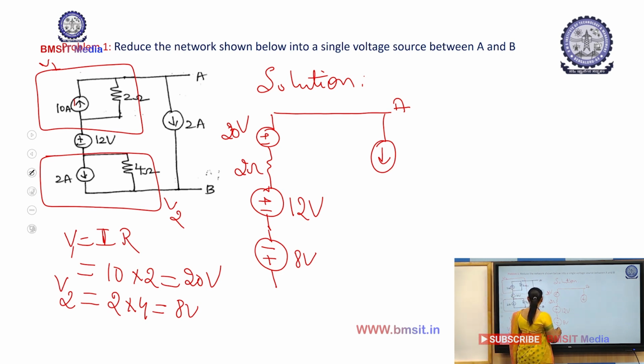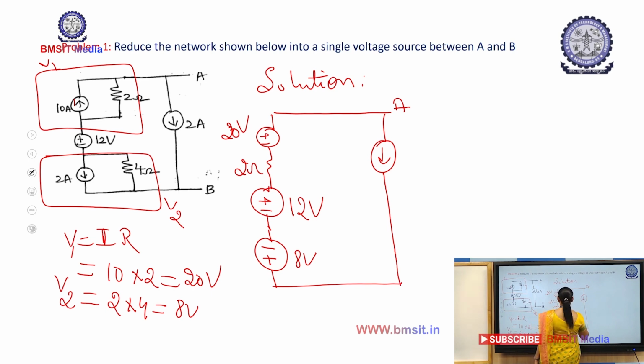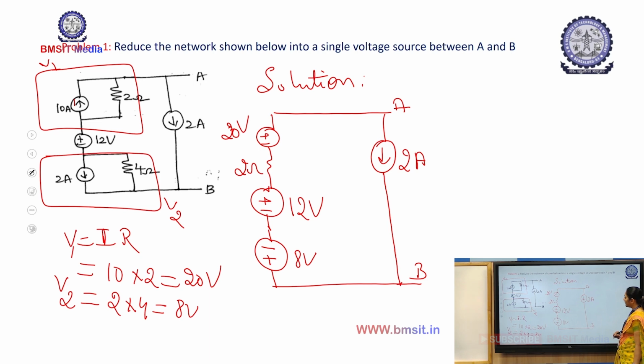So this is connected to one current source, that is 2 amps between the terminals A and B. So now we will add all the sources.